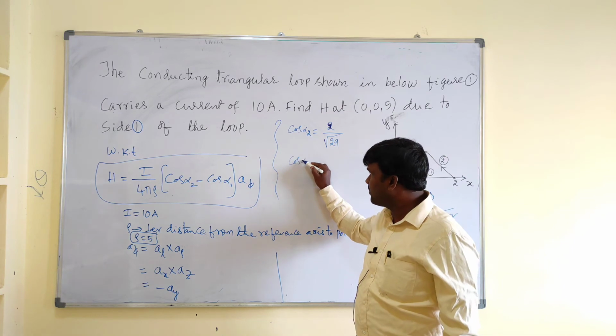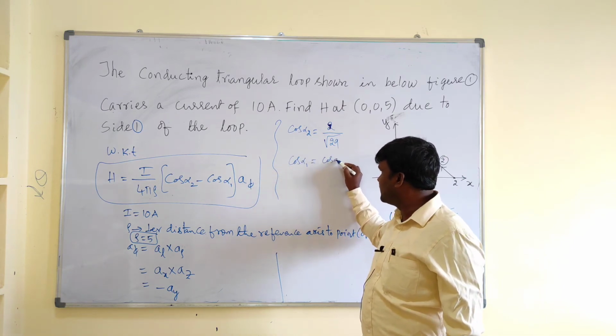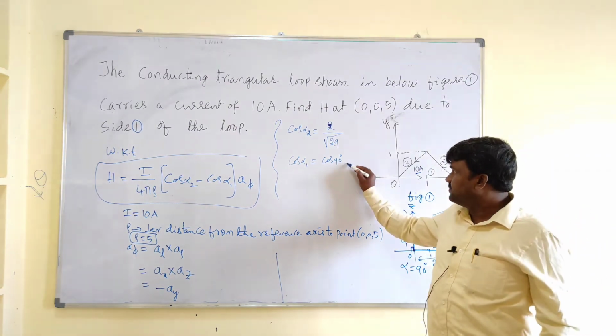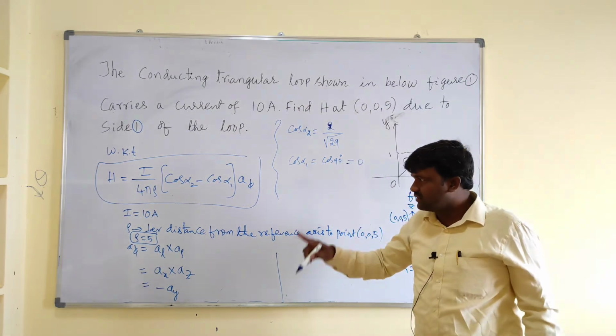And what about cos alpha 1? Cos alpha 1 is cos 90, and the cos 90 value is 0. Now substitute all in this expression.